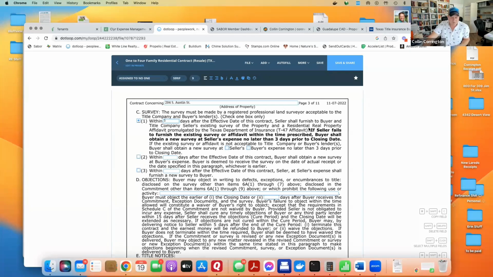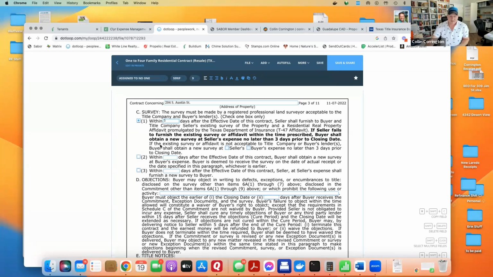Because what people don't realize is this next sentence. It's bolded and nobody reads it. If seller fails to furnish an existing survey within the time prescribed, the buyer shall obtain a new survey at seller's expense no later than 3 days.